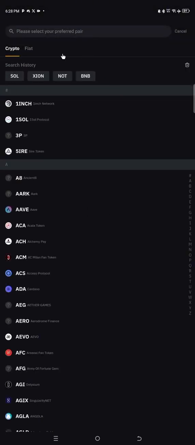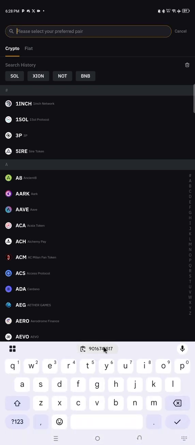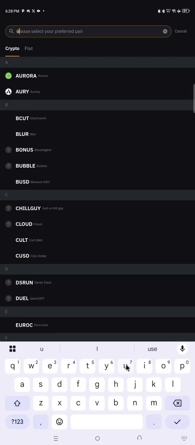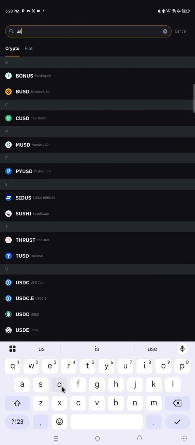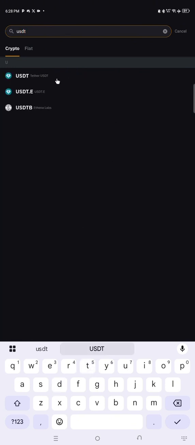USDT. Type USDT, because USDT is what we use to trade. We use USDT to trade against all those coins there. You can see them, right? This particular one, full USDT here. You can see Tether.